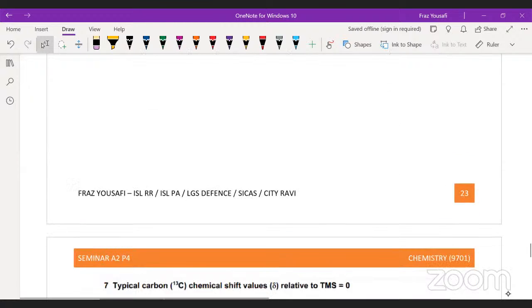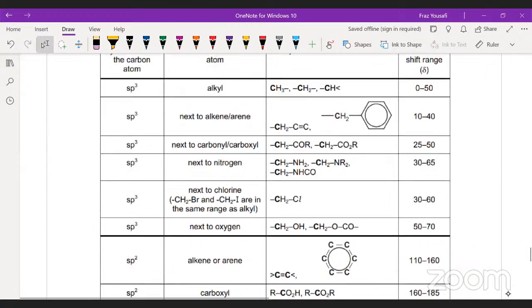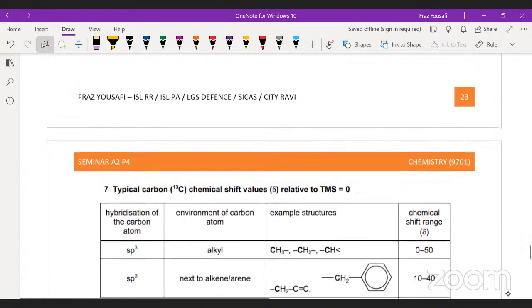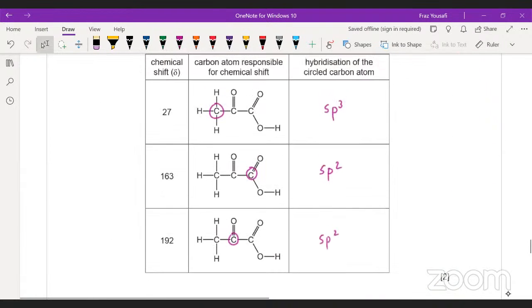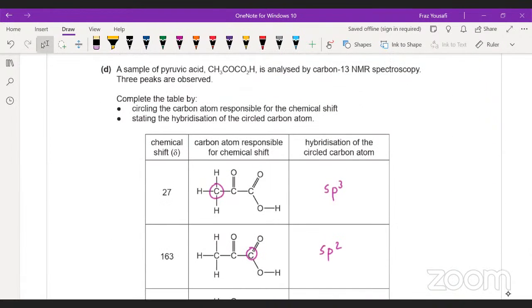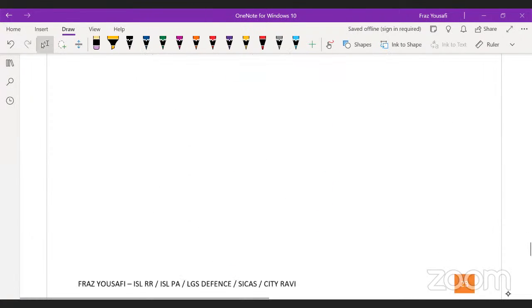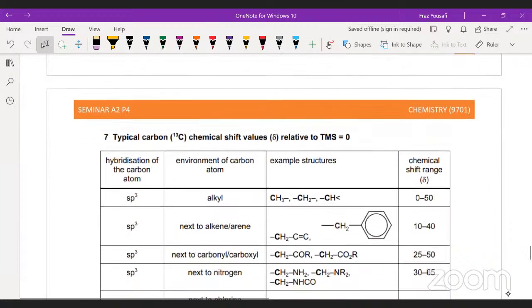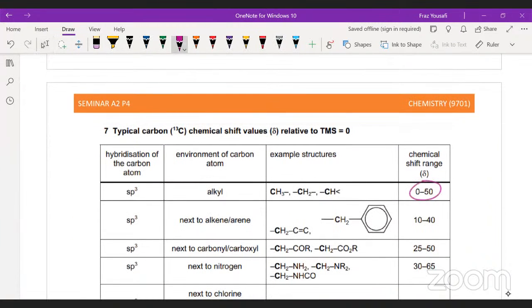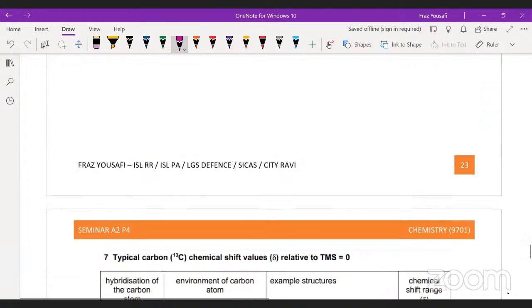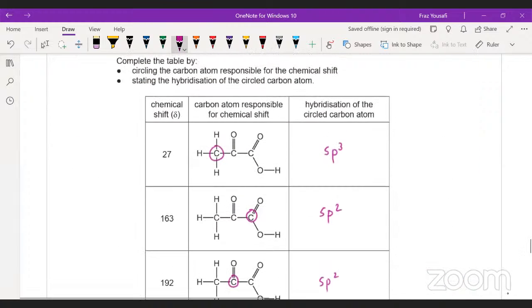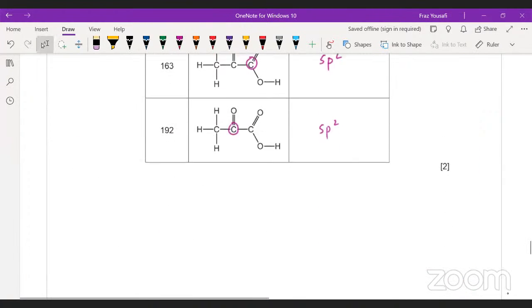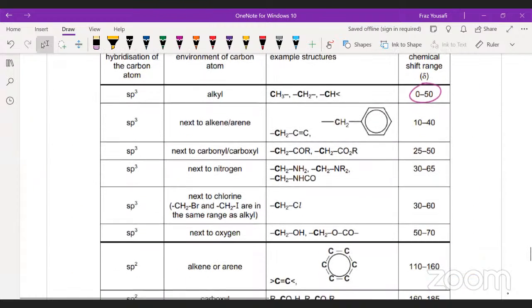Now, for this kind of data, if you look very carefully once more, we want to look at the alkyl group, the one that was at 27. It would fit somewhere here. It's sp3 hybridized. Then we've got another one here at 163.